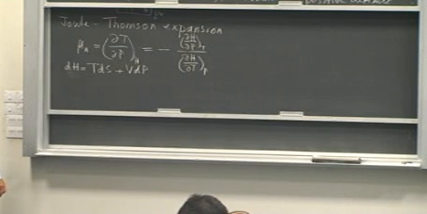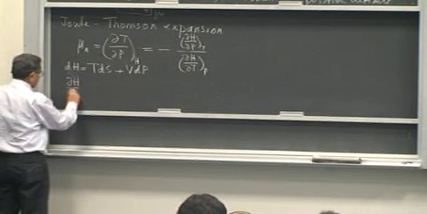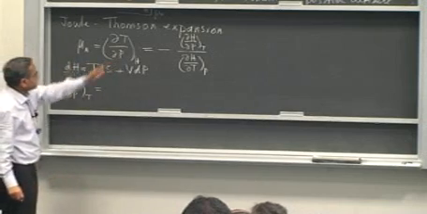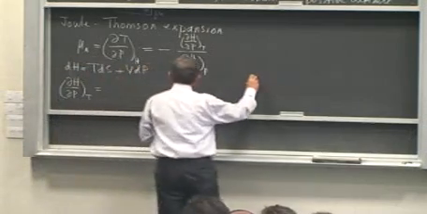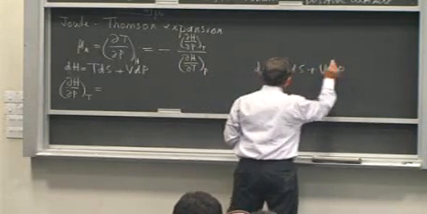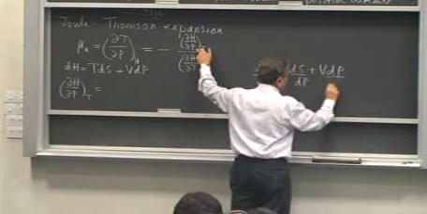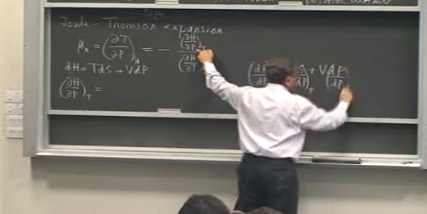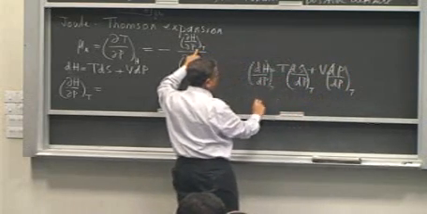dH is equal to T dS plus V dP, so that the partial differential of H with respect to P at constant T is equal to... I will take dH equal to T dS plus V dP and divide it by dP, with T constant throughout, and this of course is 1.